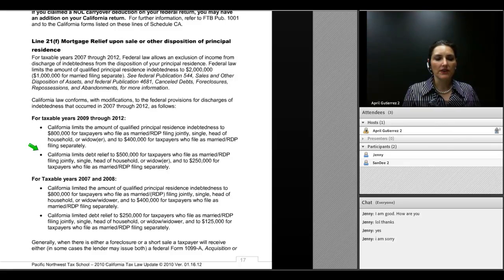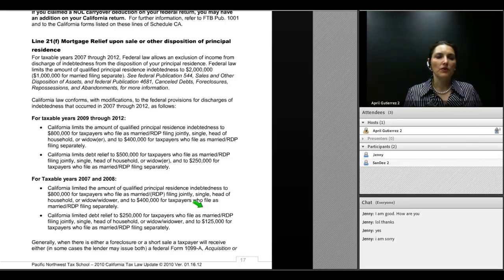And for 2007 and 2008, qualified principal residence indebtedness is limited to $800,000, and the amount of debt that a filer can be relieved of is $250,000. And those numbers are, of course, half that if your filing status is married or RDP filing separately.